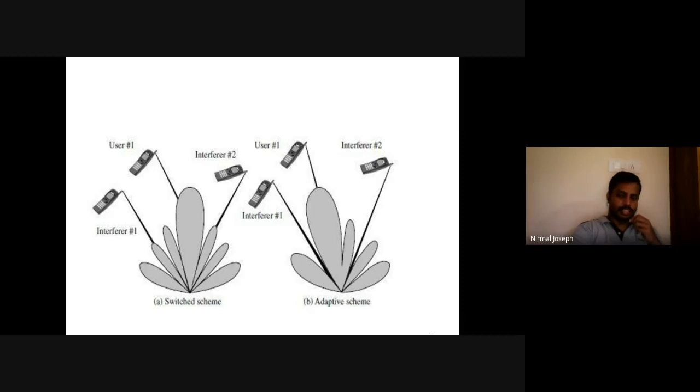So two advantages are here. The main thing is it can directly focus on the user located at any random position, and secondly, it can identify the interferers and suppress the radiation patterns towards them. So that's all about the switched scheme and the adaptive scheme.